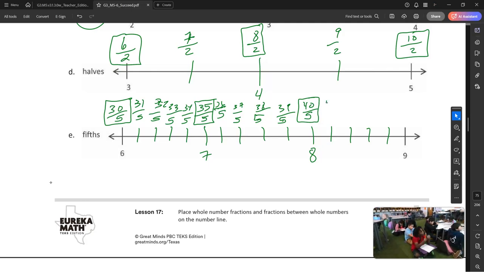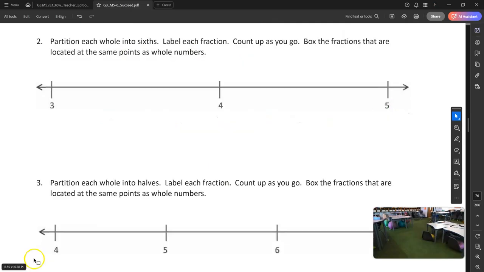Then we continue. 41 fifths, 42 fifths, 43 fifths, 44 fifths, 45 fifths. And that's another whole number. How do I know it's a whole number? Counting by fives, 9 times. 9 times 5 is 45.